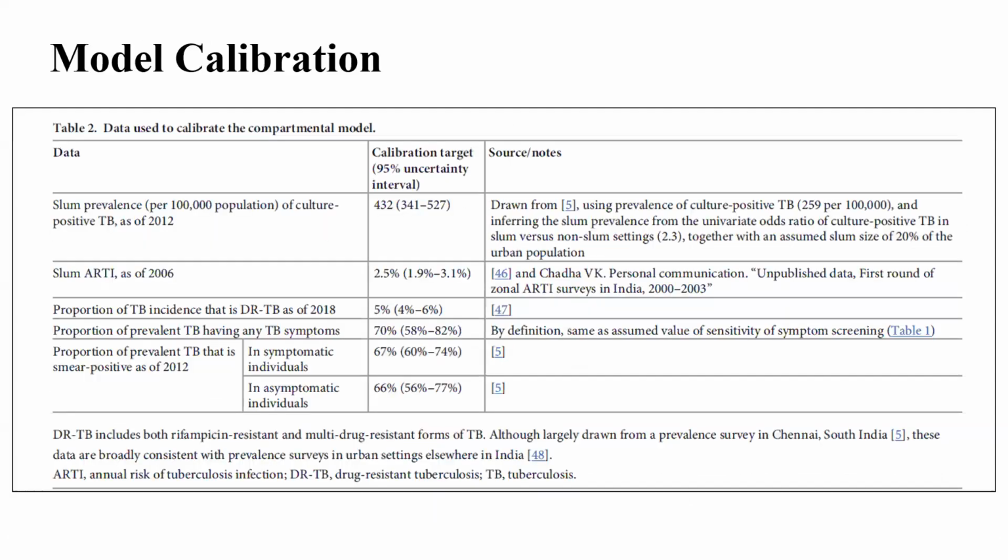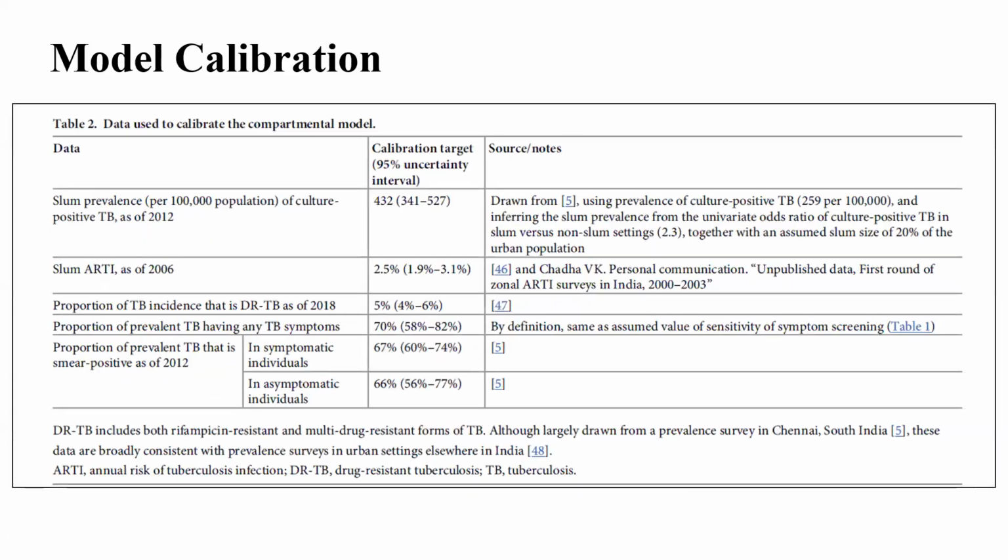So with model calibration, as I explained earlier on, it was done from the slum prevalence survey of around 100,000 population.